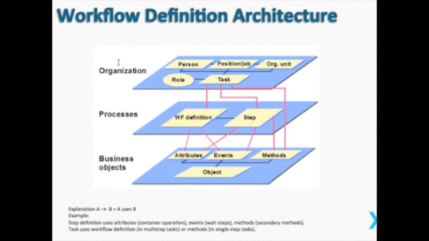Whenever you have different activities and you want to group them together, it becomes a workflow definition. A workflow definition can use a task directly or attributes of business objects and events. A step can use attributes, events, methods, and tasks. That's how the workflow architecture is defined.